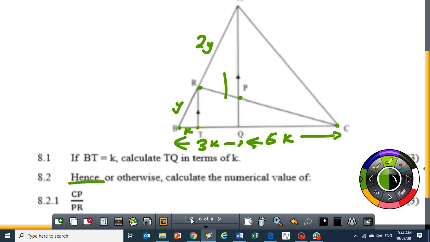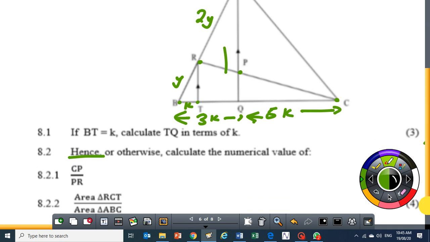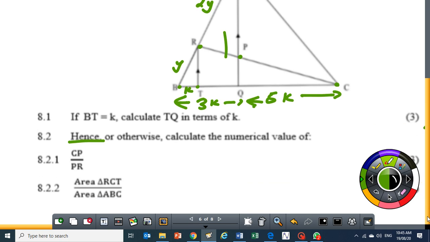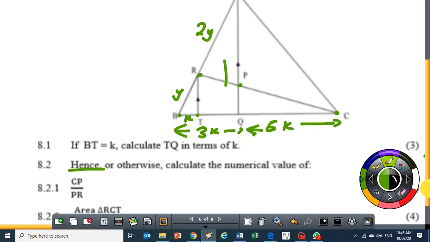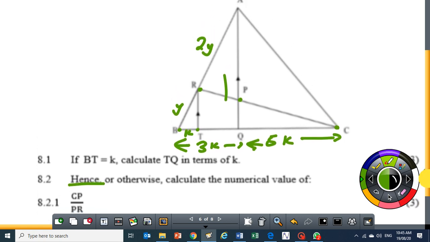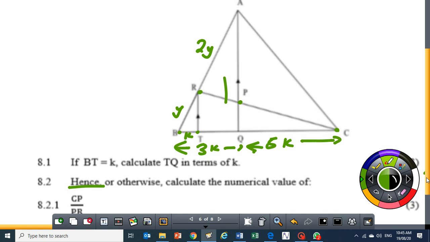Now, for you to be able to find the ratio of triangle RCT, okay, let me use a different color. Triangle RCT is this one.